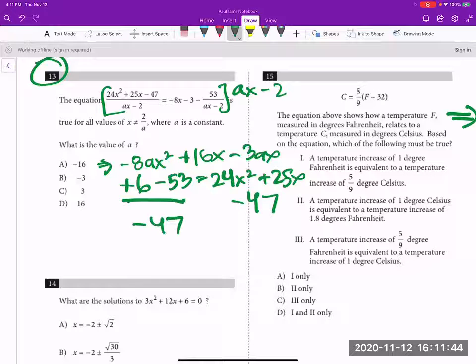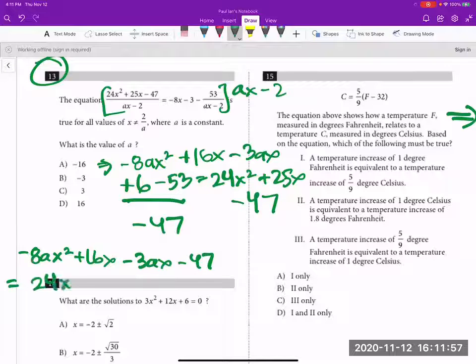So let me rewrite this another way so you can see what the a is. 24x squared plus 25x minus 47. And then so let's see.